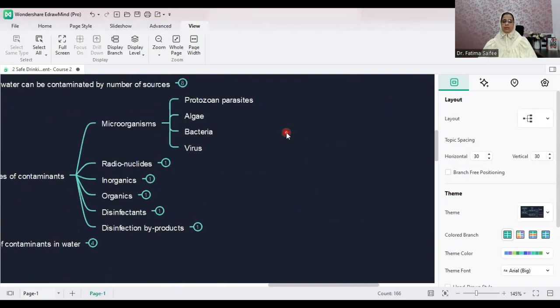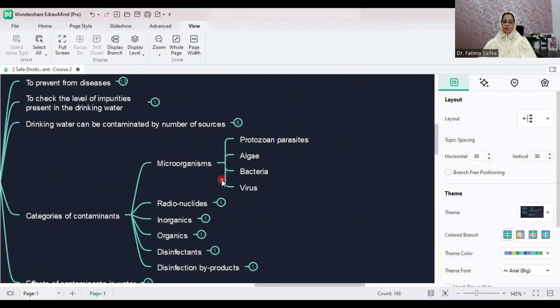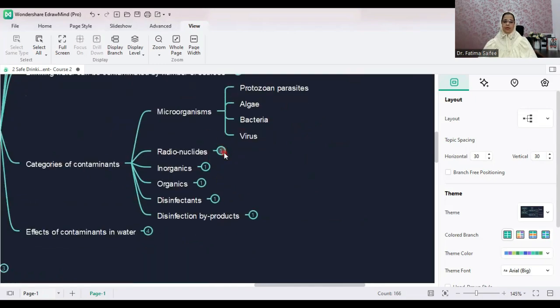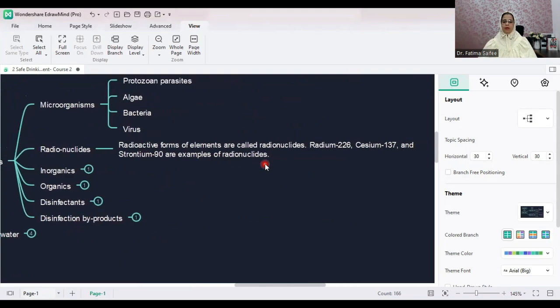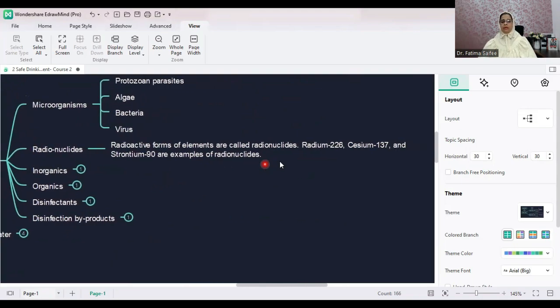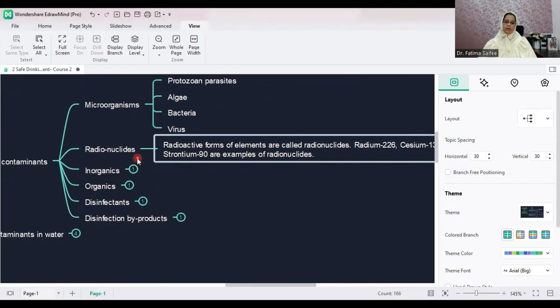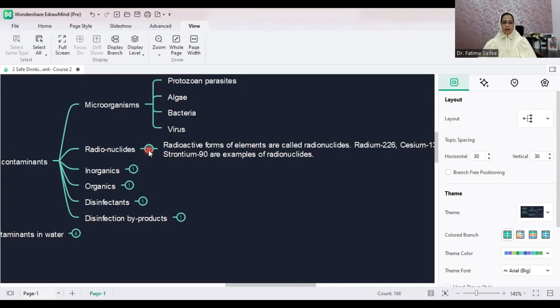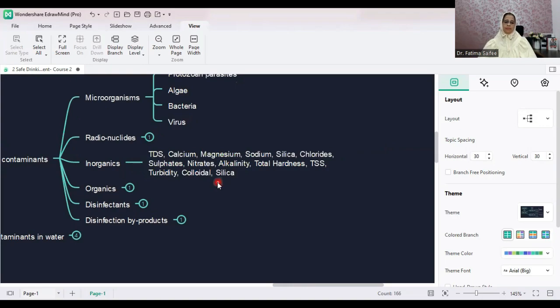Microorganisms can be protozoa, algae, bacteria, and viruses. Radionuclides are a form of elements, for example radium, cesium, and strontium. These are radioactive elements which are naturally found in the earth, and sometimes when they get mixed with the water, they can have harmful effects on our body.